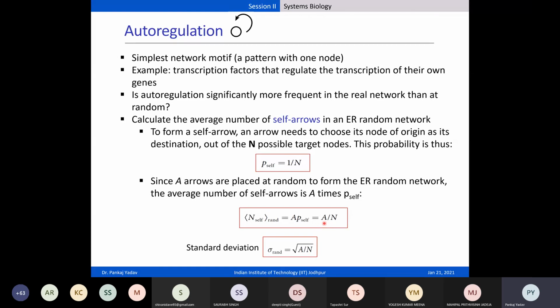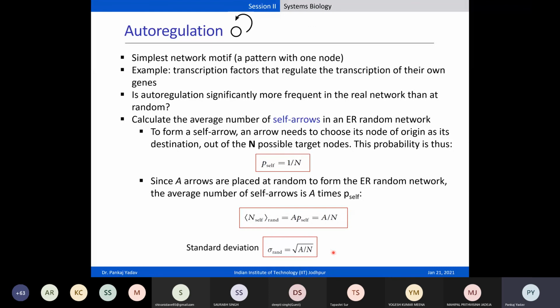So the expected number of n self arrows is 1 for a random network with that number of arrows and nodes. The standard deviation can also be calculated. Again it will be the square root of 1.4, which is close to 1.